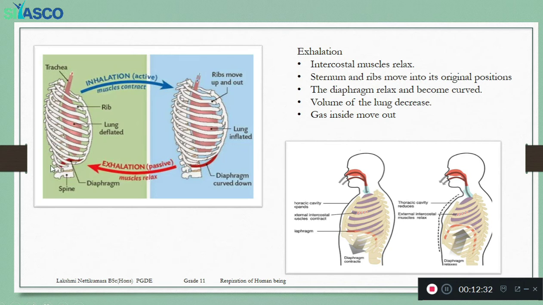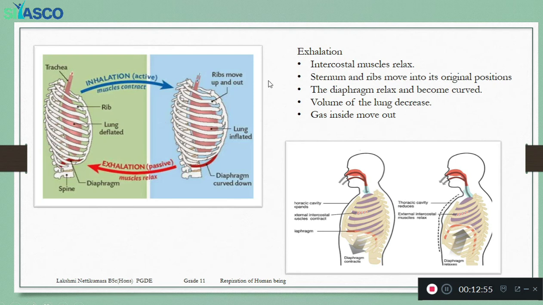Now it comes to its initial position. The diaphragm relaxed and became curved as earlier. Volume of the lung now decreases. Now what has happened? Inside the pressure is increased, gas goes out.